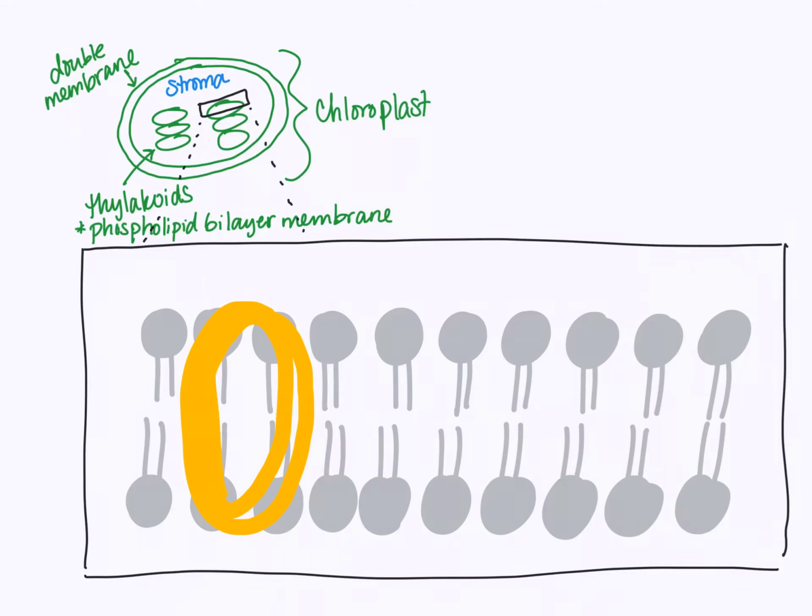So here I'm just going to draw a big yellow oval to stand for a photosystem. In this photosystem, we have these pigment molecules, which I'm going to put in these little green dots here. And then we also have that reaction center. And last but not least, we have that electron acceptor. So let's go back and label those.